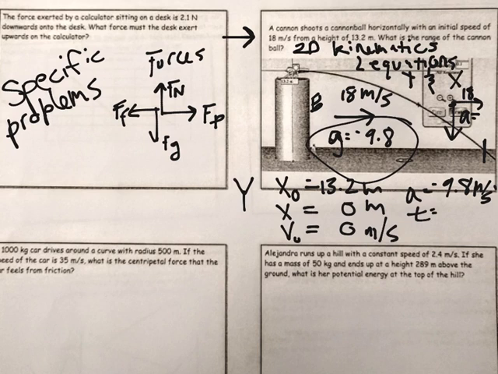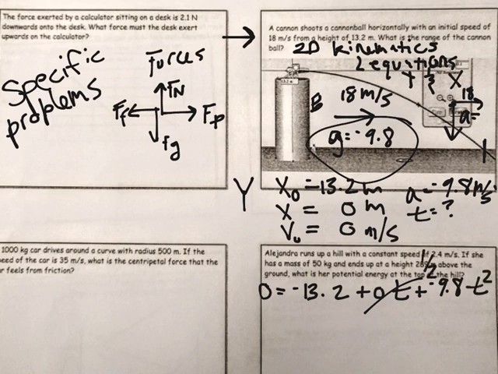What we need to know is the time. So plug this into your kinematics equation, which is plus 0t, we can cross that out, plus negative 9.8, almost forgot the 1/2 in there, which is why you should always write your equations first, not second.